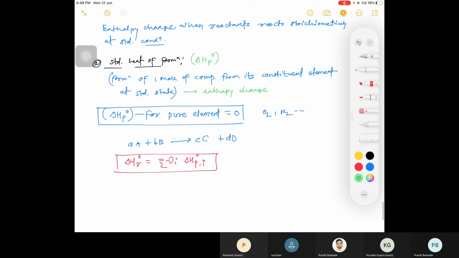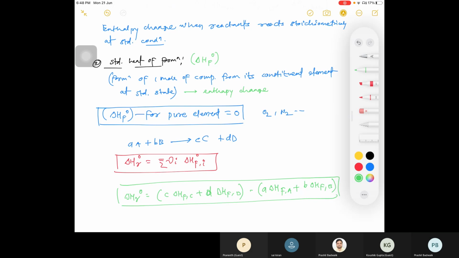You can write it as: delta H reaction equals c into the enthalpy of formation of C, plus d into the enthalpy of formation of D, minus a into the enthalpy of formation of A, plus b into the enthalpy of formation of B.